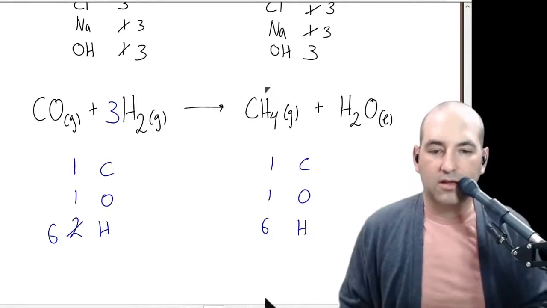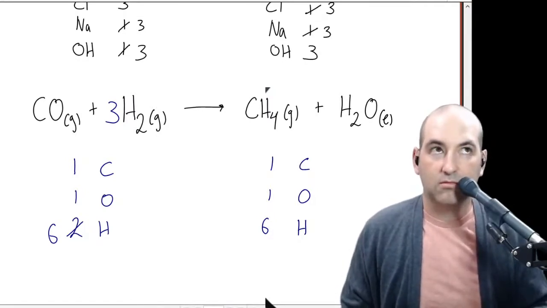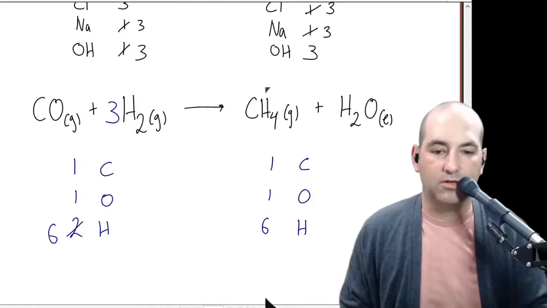No, that's something that you'll need to know. So you'll need to know those 7 elements are always dimers. They're always 2 of them in a chemical reaction.